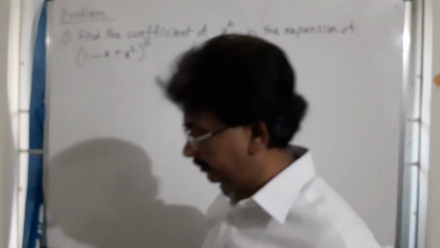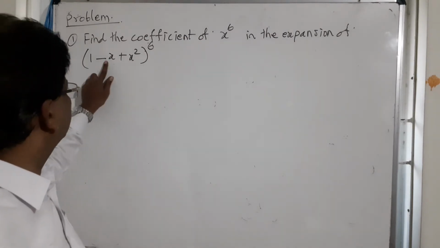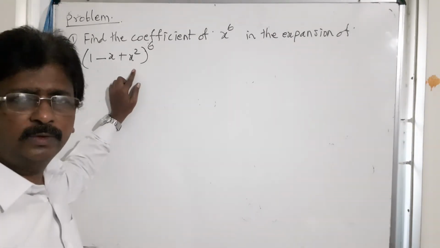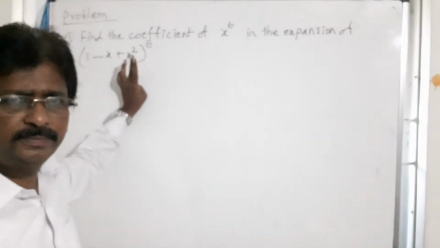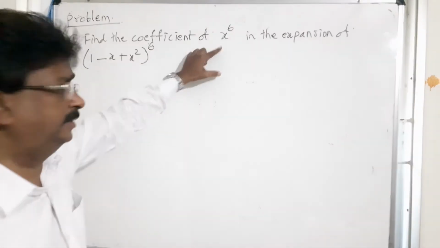Now let us think of this base as x1, x2, x3. It looks like x1 plus x2 plus x3 whole to the power of n form. Let us write the general term, and after that we want the x power 6. How to do it? See.